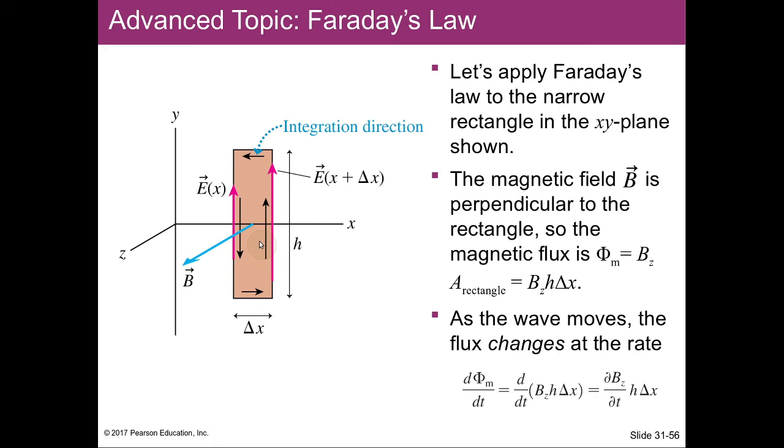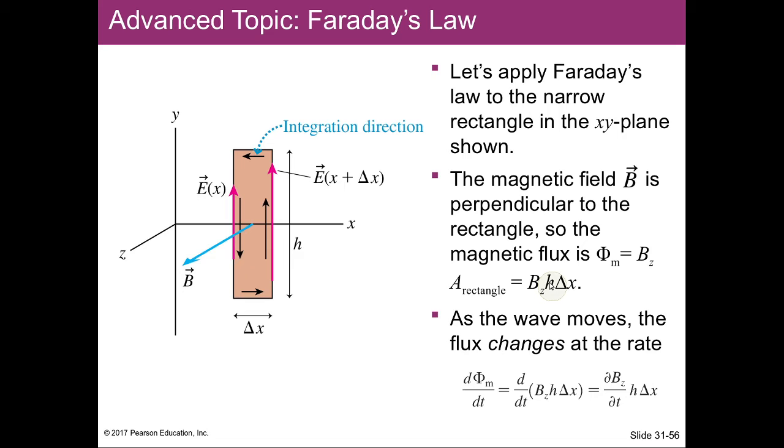And then it's easy to determine the magnetic flux. It's just the z component of the magnetic field, which is the entire magnetic field strength. There are no x and y components of the magnetic field here, times the area of the rectangle, and the area of the rectangle is just its width times its height, delta x times h.